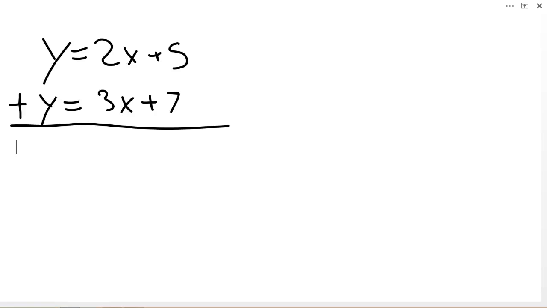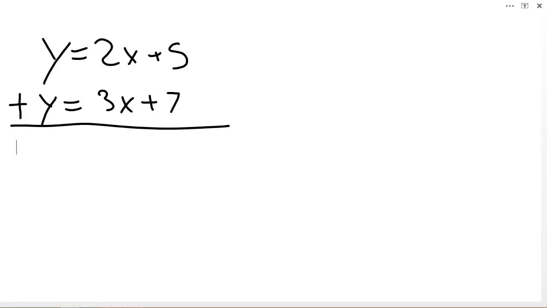For example, like the first problem, we could multiply the first equation by a negative. We could get rid of the y's or the x's. It really doesn't matter.